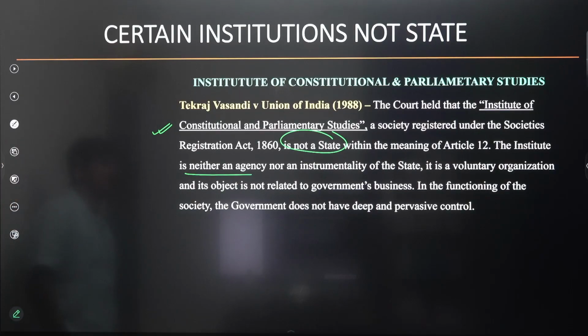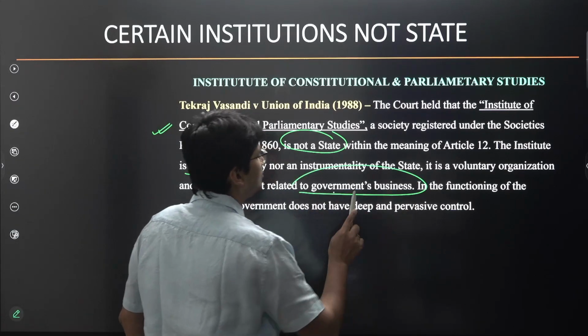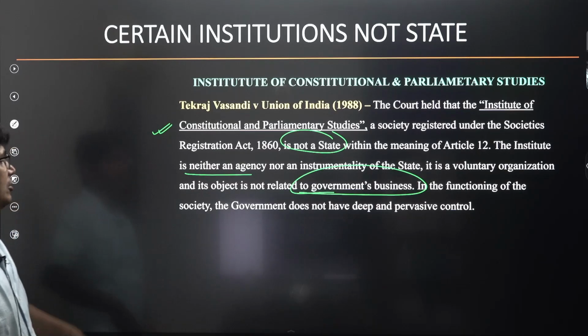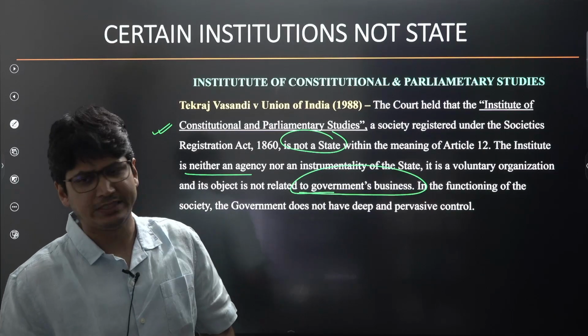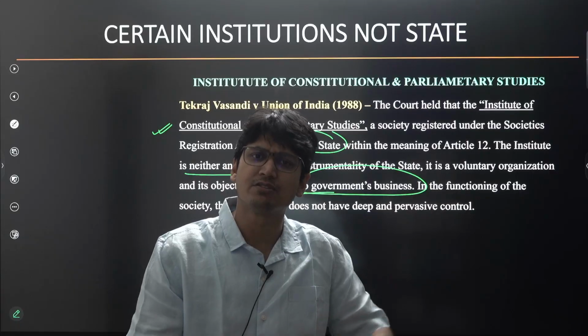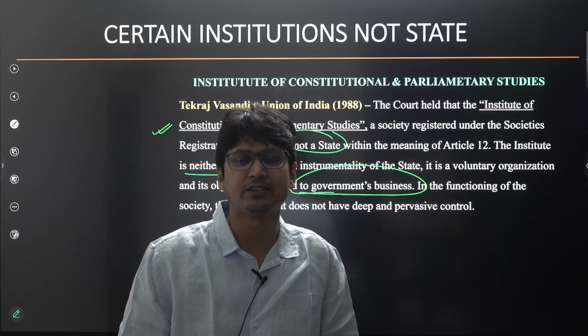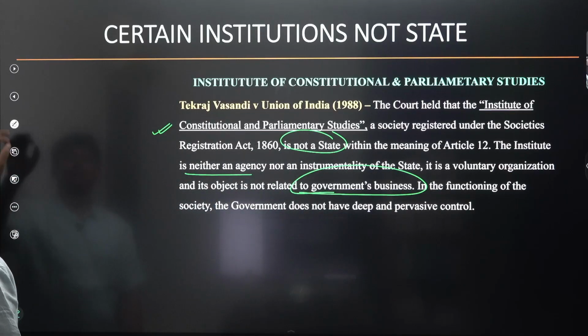It is a voluntary organization and its object is not related to the government's business. In the functioning of the society, the government does not have any deep or pervasive control. So basically the control in terms of function, finance, management, administration, etc. is missing, and that's why it is not a state.